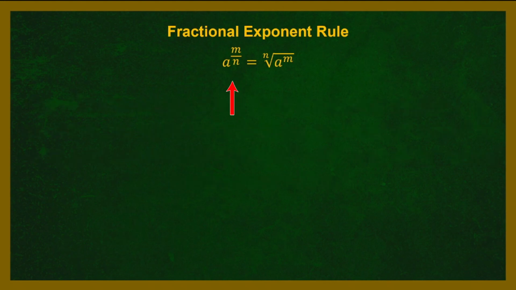Mathematically, a raised to the m over n is equivalent to the nth root of a raised to the m, where n is the denominator of the fraction.